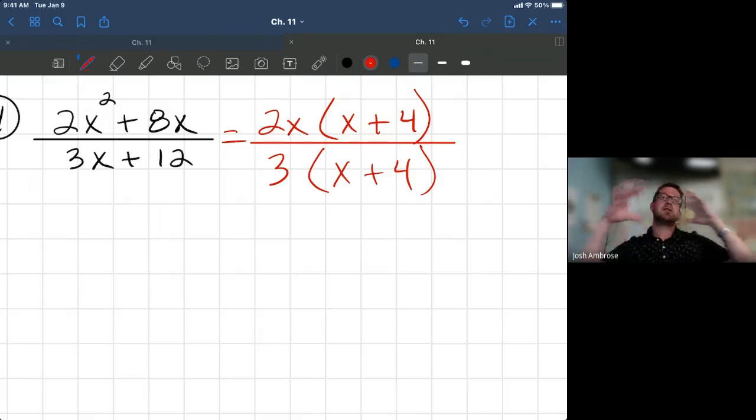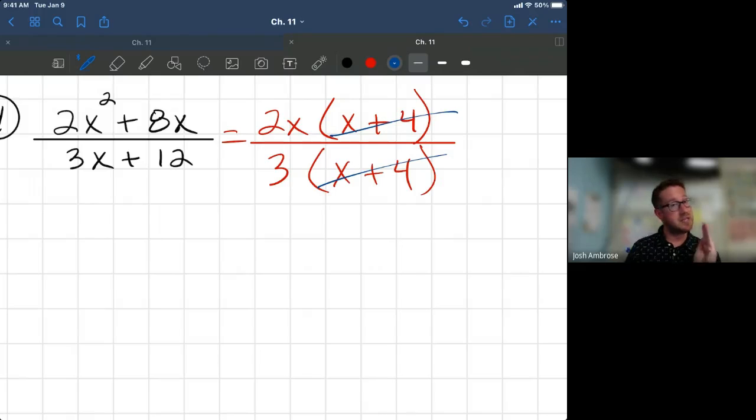The whole expression is now identical, meaning the whole expression can be taken out. I can't just take out the x. I can't just take out the 4. But x plus 4, the whole thing matches. Take that out. And here's what you have left over. That is now your simplified answer, 2x over 3.